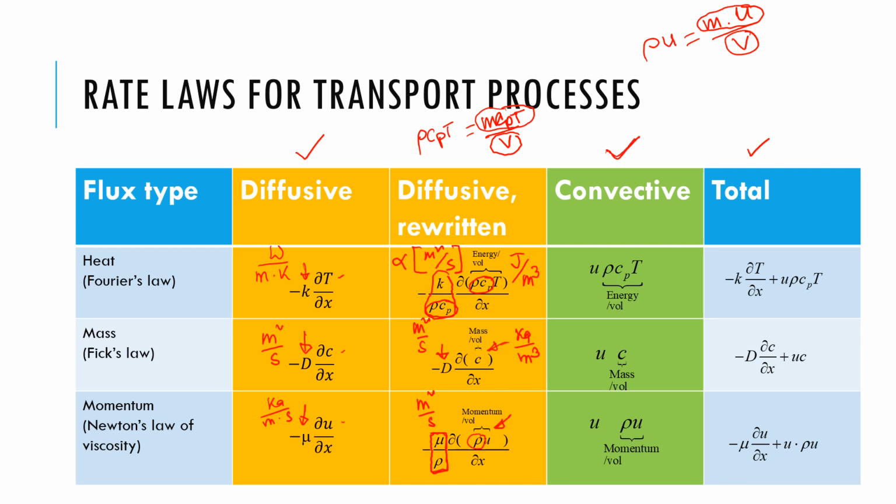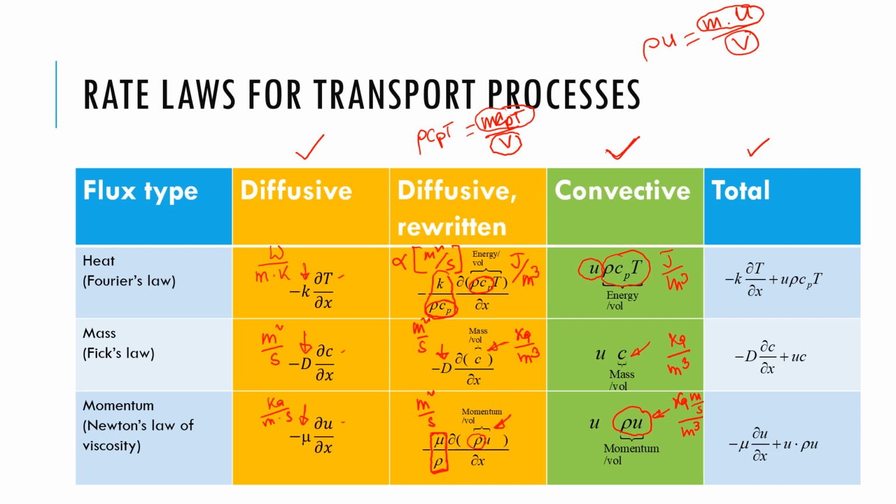Now in the convective part, again things are similar. As I already said, the convective part is velocity multiplied by how much is there. So this how much is there, rho CpT, is joules per meter cube. Likewise here, C is kilograms per meter cube, and then here momentum rho u is also kg meter per second divided by meter cube, momentum per unit volume.